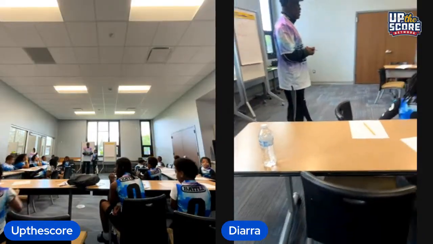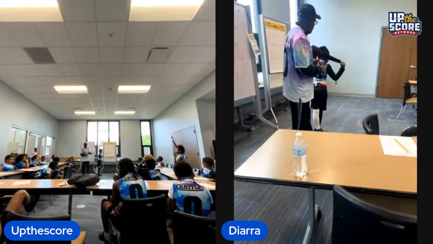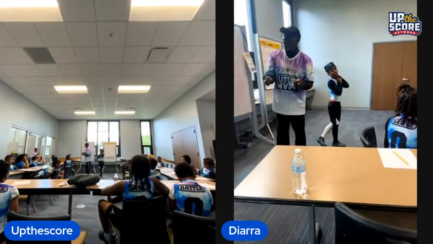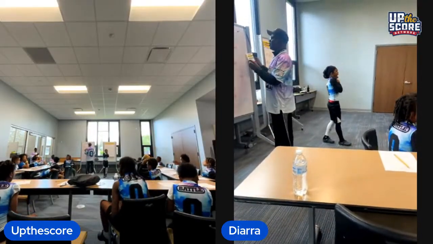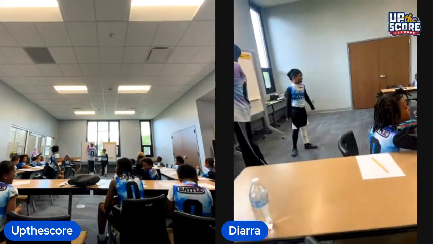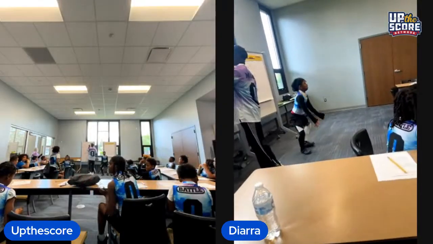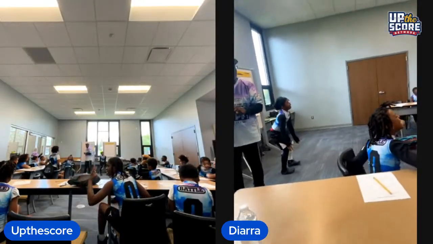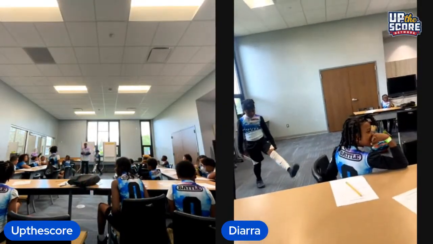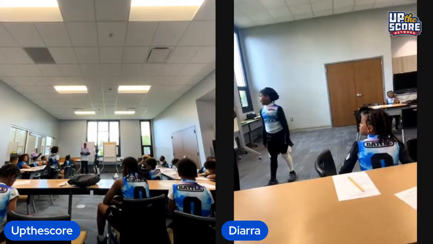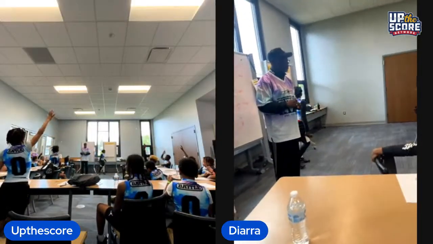So listen up. Here we go. So if you ran a 6:41, so on that time, so you got 6:41. Okay. So how far is 40 yards? 40 yards.